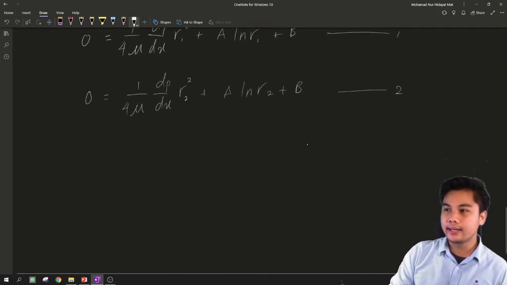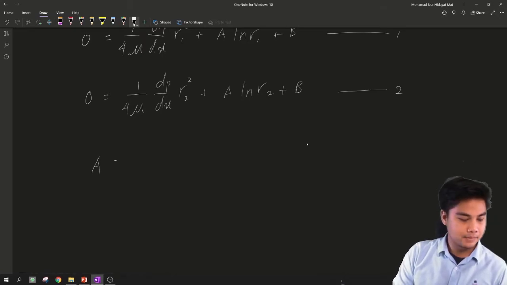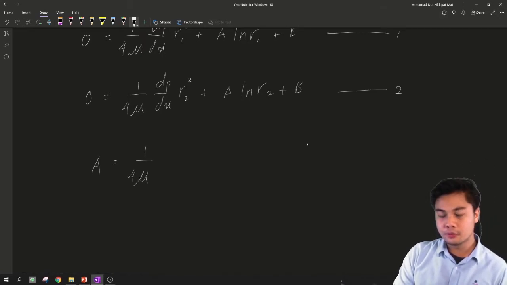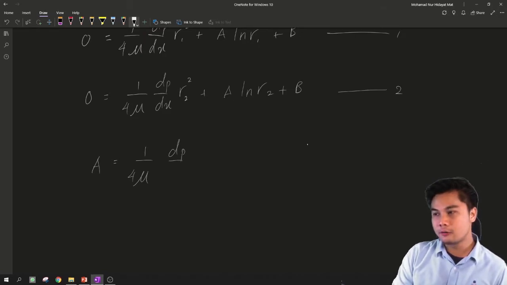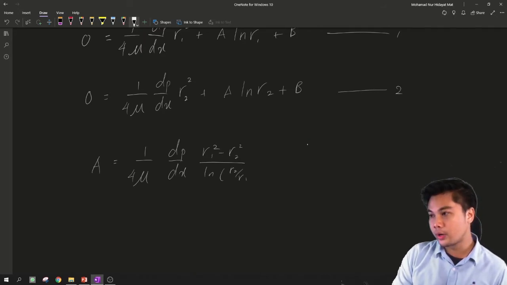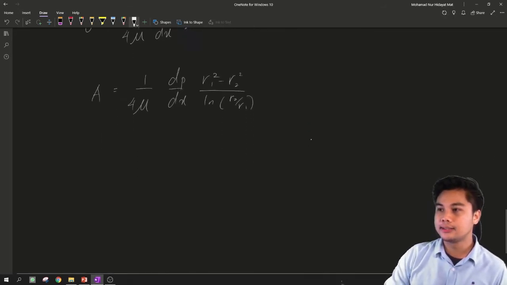Finally, you will get a equal to 1 over 4 mu dp over dx, r1 squared minus r2 squared over ln r2 over r1. Alright, this is a.